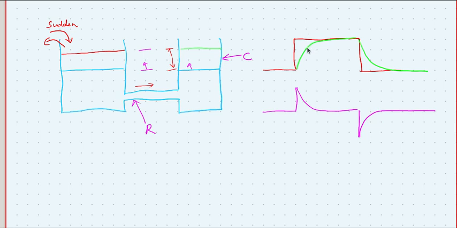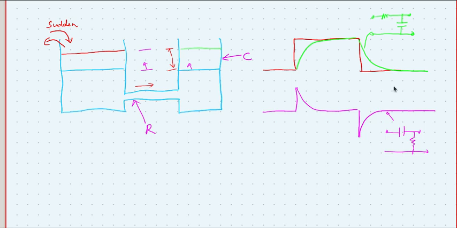So this is the one we had seen for this circuit, and this is the response we had seen for this circuit.